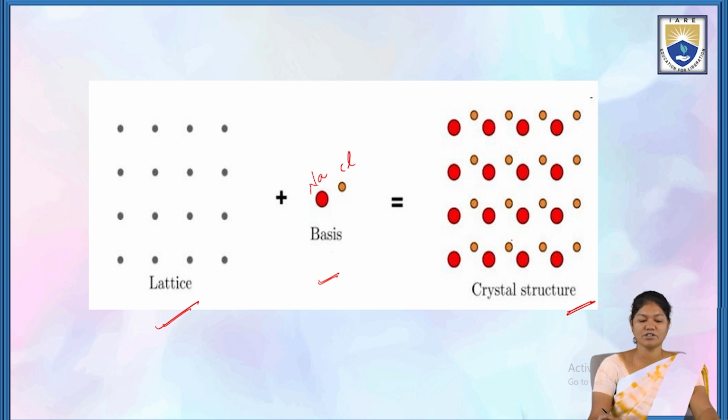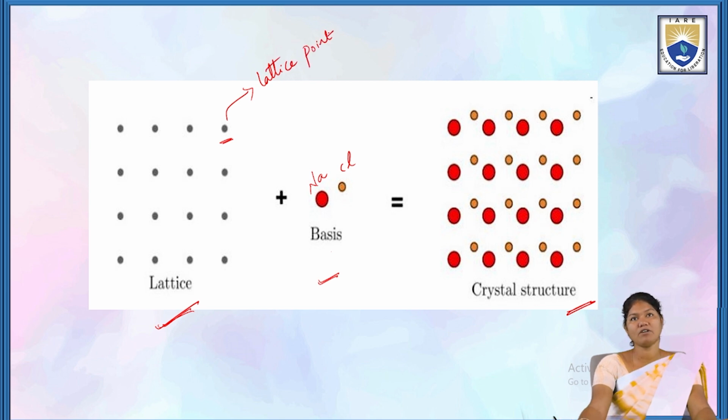You can see that at the place of each lattice point, lattice is nothing but a representation of atoms in a space or plane. Each point on the lattice is called a lattice point.